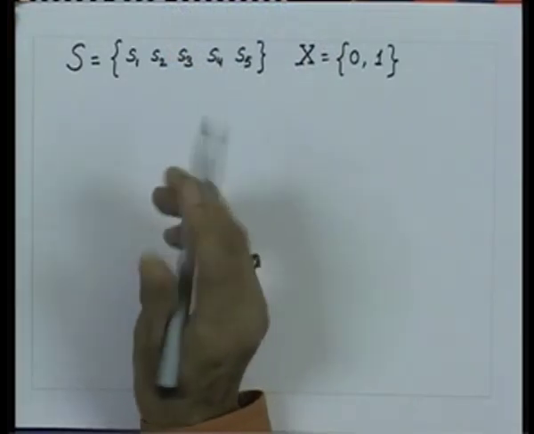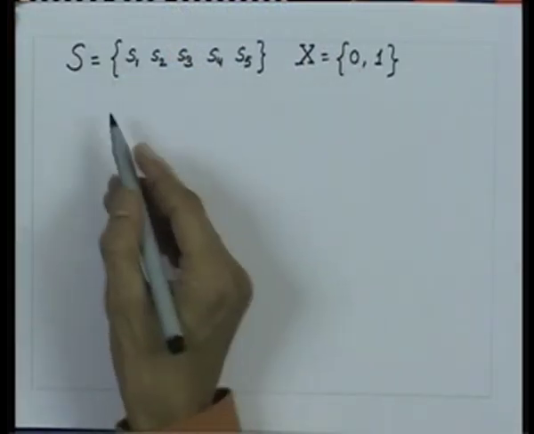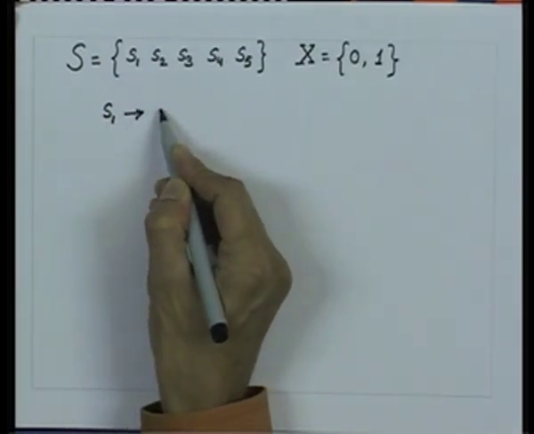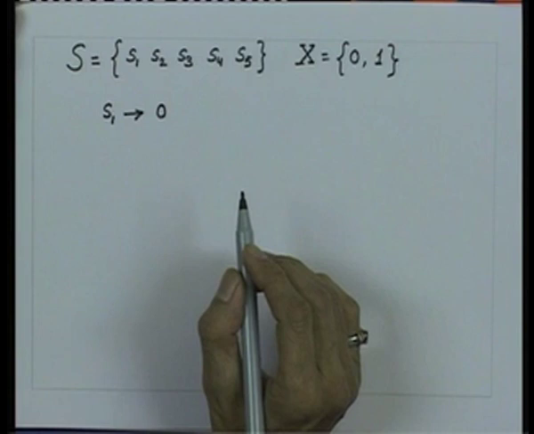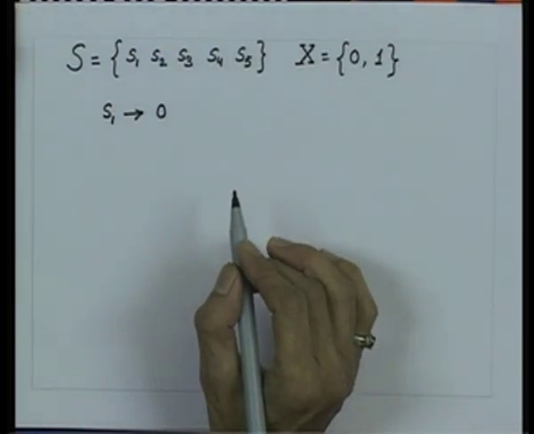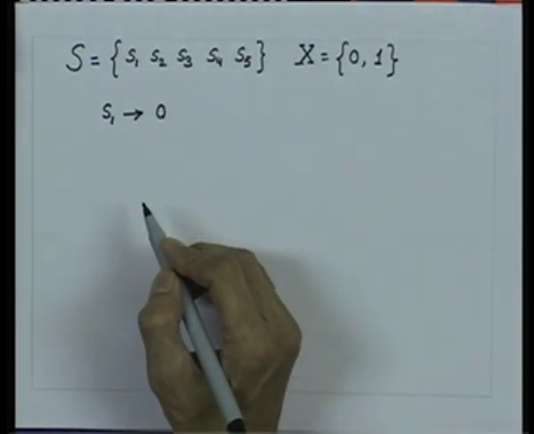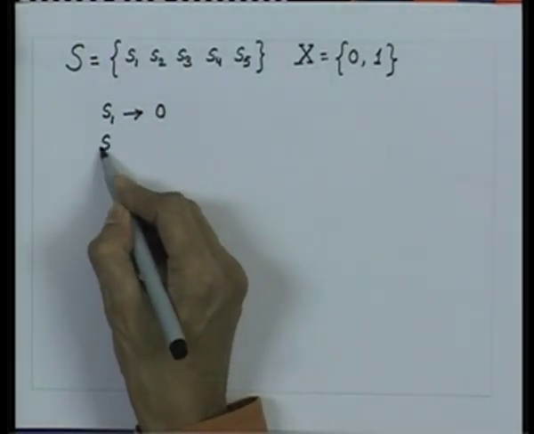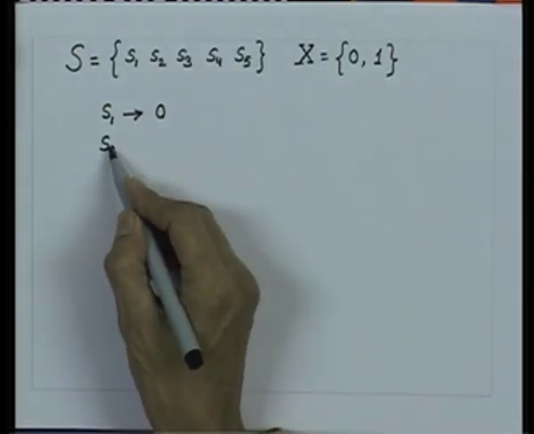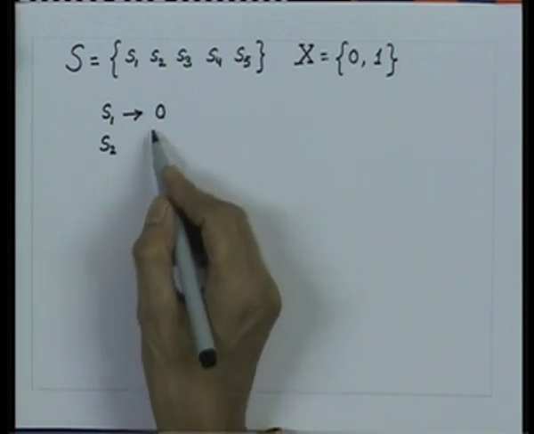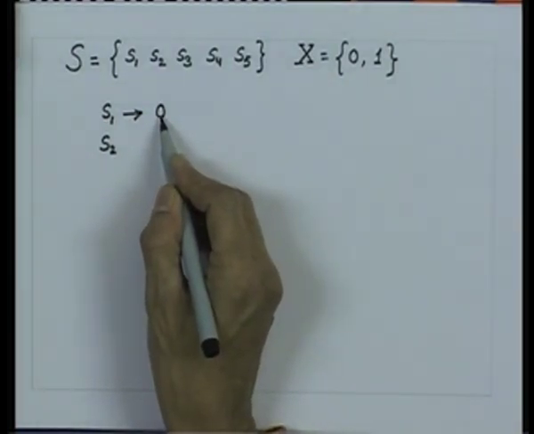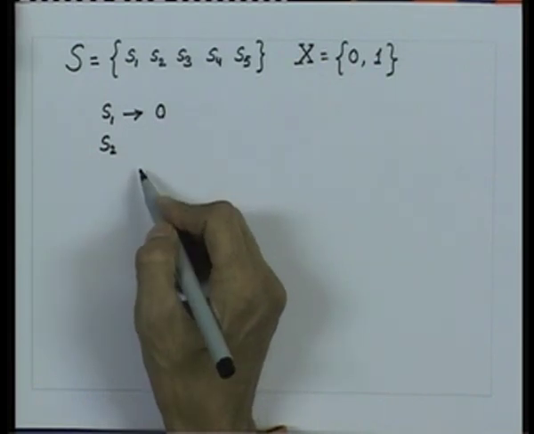One way in which we could start is to assign the 0 symbol to the source symbol S1. So, my first code word has length 1 and it is the code symbol 0 assigned to S1. Now, for the code word to be assigned to S2, I cannot start with 0 because that will violate the condition for the instantaneous code.